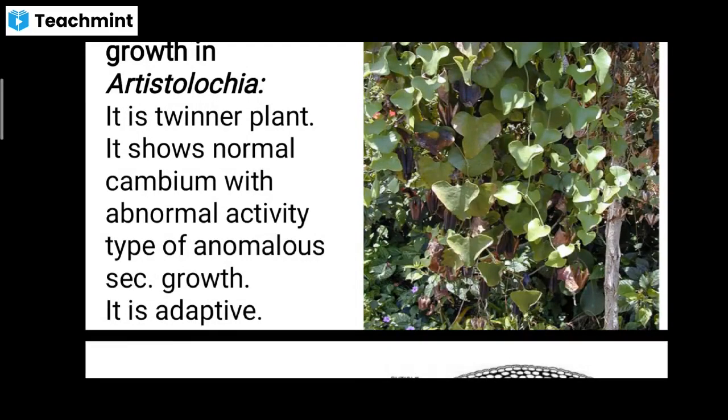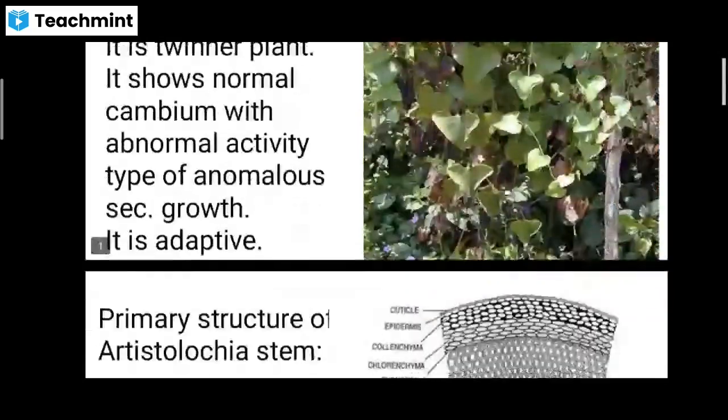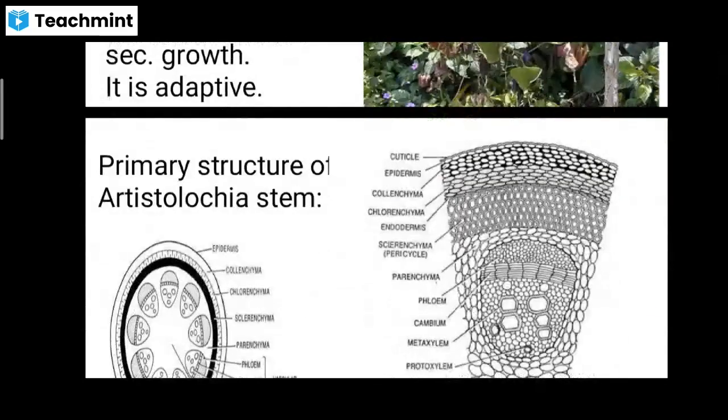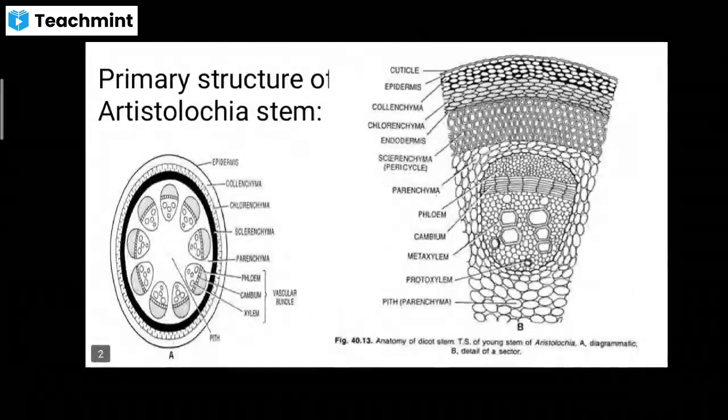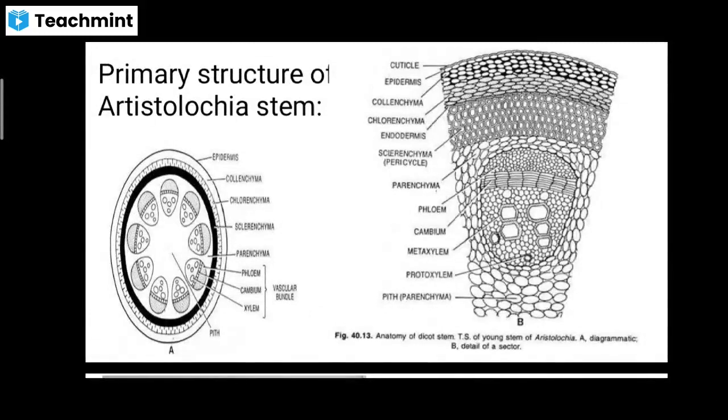Adaptive means that due to this anomalous secondary growth, some adaptive or more advanced characters or adaptations take place in the plant. So we will discuss in detail those adaptive modifications in Aristolochia. Normally this is the primary structure of the Aristolochia stem.